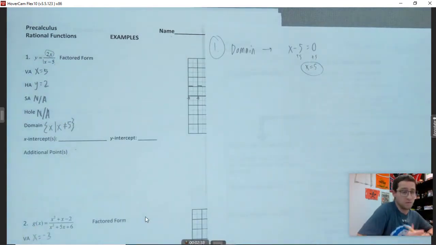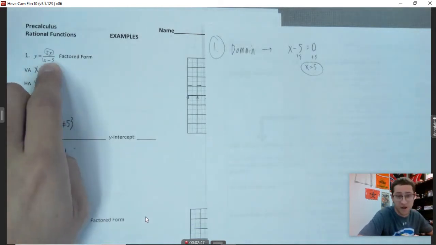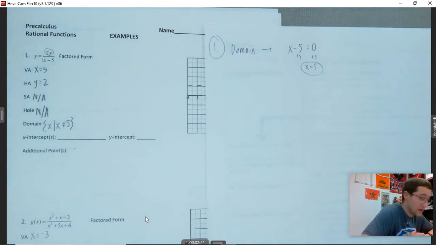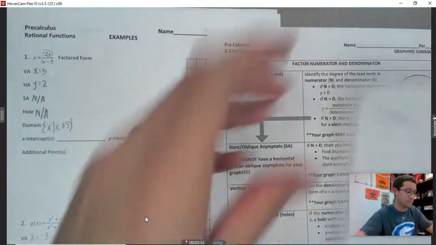The only reason is that you cannot divide by 0, and the value of x that will give you a 0 on the bottom is 5. So 5 minus 5, that's why we take out that value of the domain. So there's the domain.